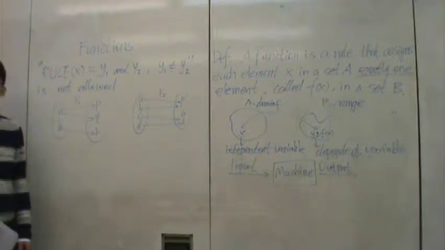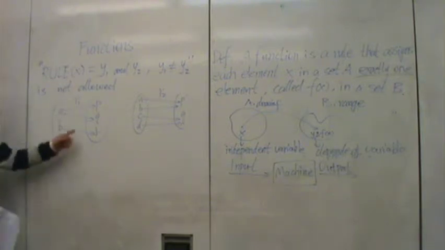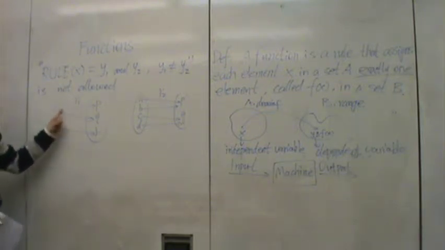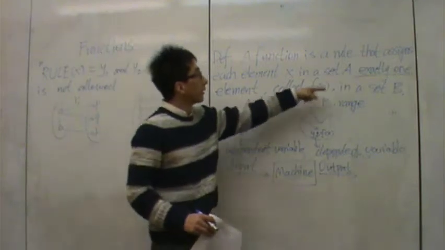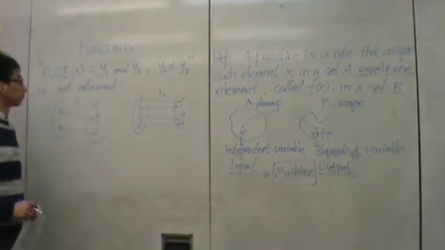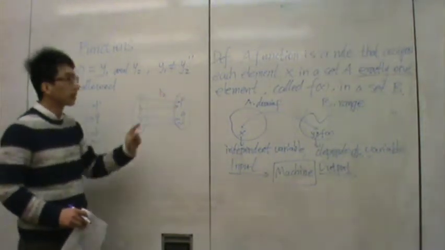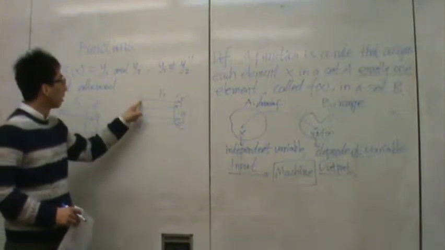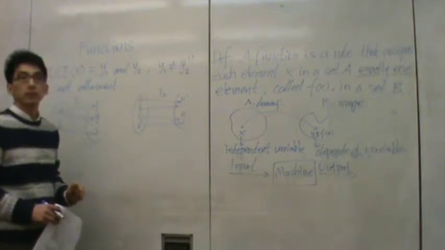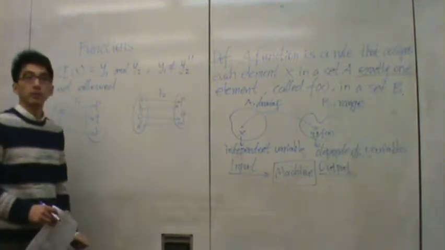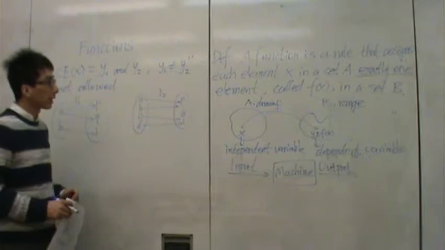What do you think? Very good. R1 is not a function because R1 maps A simultaneously to P and Q, which does not satisfy this condition. But R2 is a function because it maps each element to a single element. For example, R2 of A is equal to P, R2 of B is equal to P. Although P is not unique, that's okay for a function.